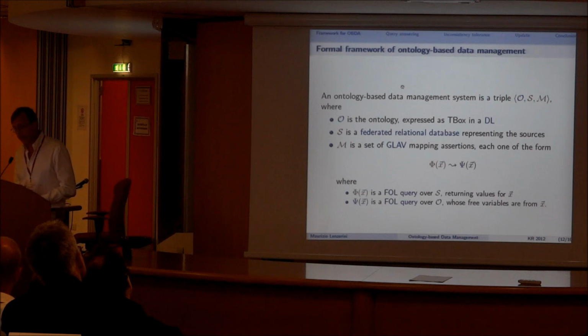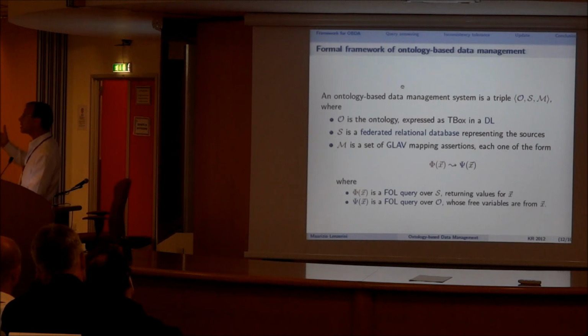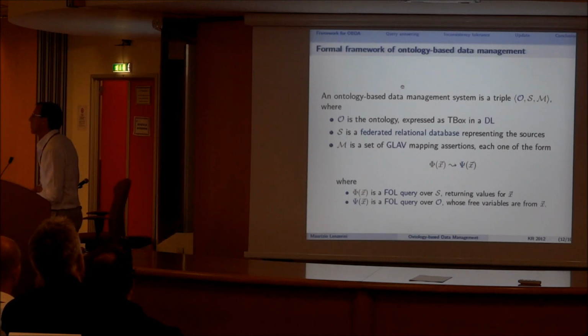And the mapping is expressed in terms of special assertions, and the kind of assertions that you need to express the relationship between the data at the sources and the ontology is essentially a sort of a view-to-view mechanism. There are many mapping languages out there. Some of them are very restricted.